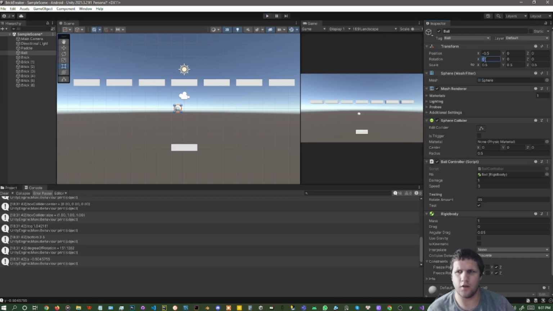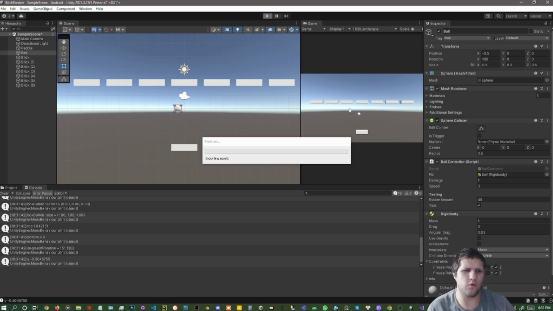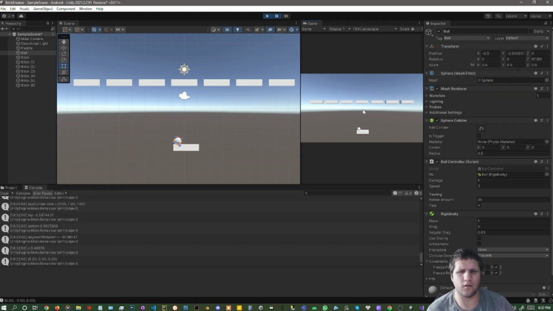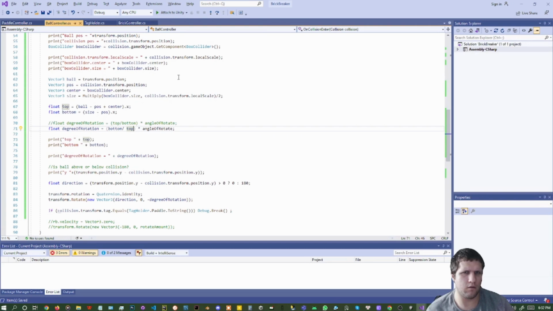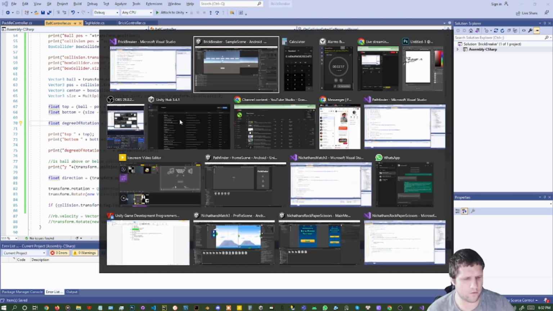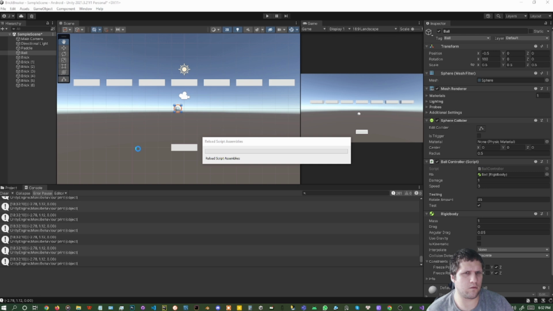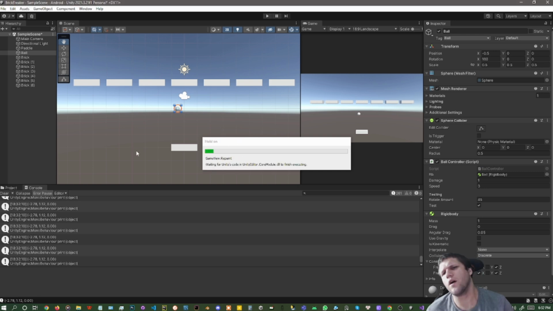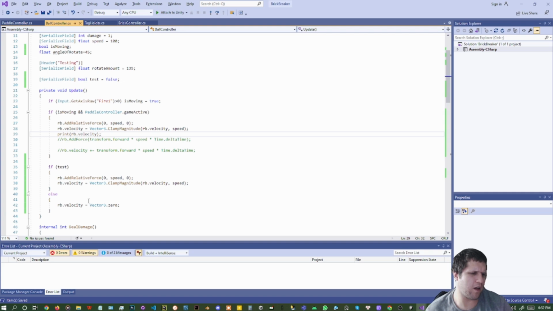Okay, so it definitely doesn't work for the bricks, but let's see if it works for the paddle. A degree of rotation of negative 67. No. So that's definitely not the solution. Should have known. Then why are we getting such crazy values?